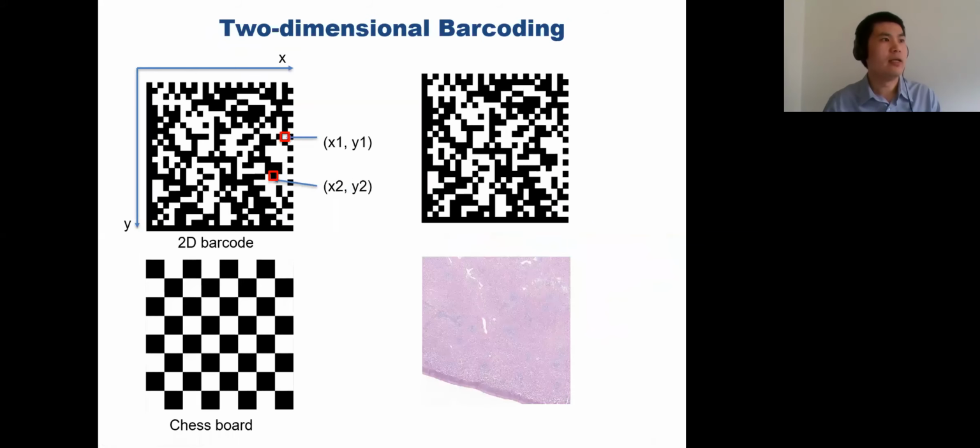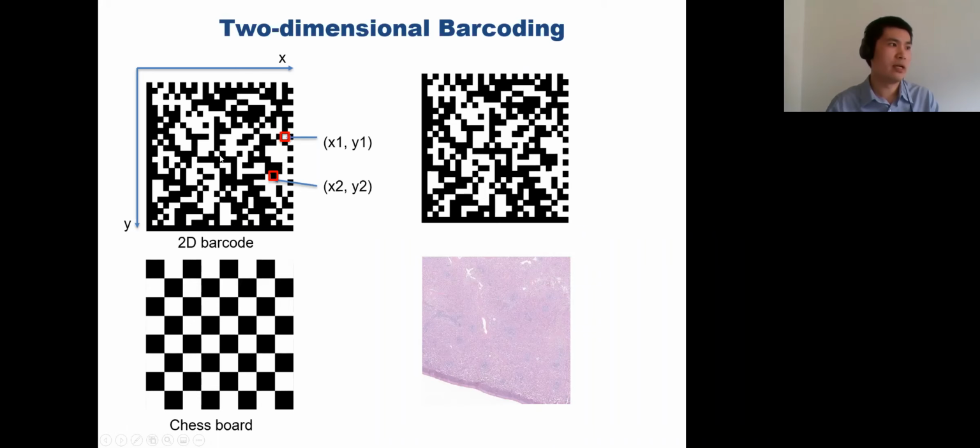Okay, another thing I want to mention here is the so-called two-dimensional barcoding process. Because our tissue is a two-dimensional object here. If you want to find information of the tissue, especially the spatial information, what I can think of is to split it into small squares.